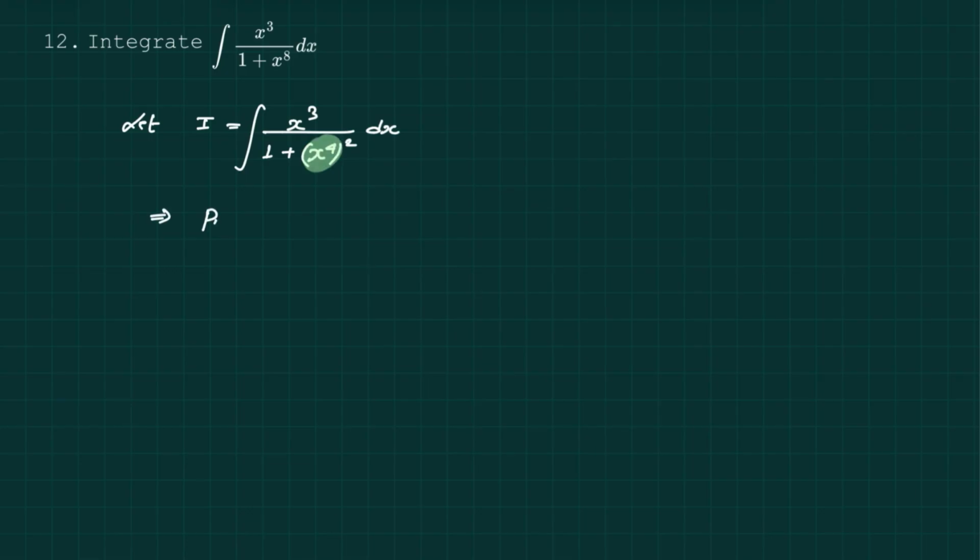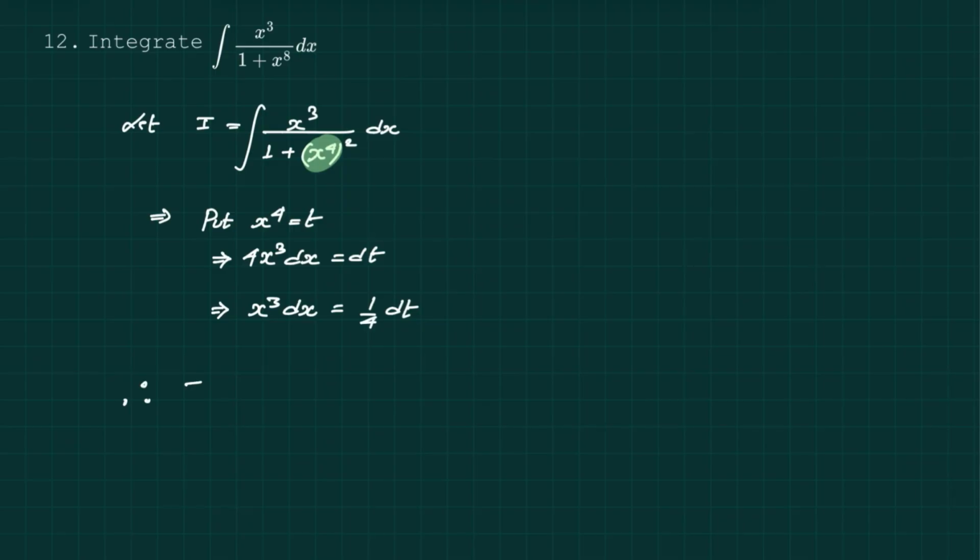So if I put x to the power 4 as t and differentiate both sides, then we will have 4x cube dx equals dt. So that means x cube into dx will be 1 by 4 into dt, or dt by 4.